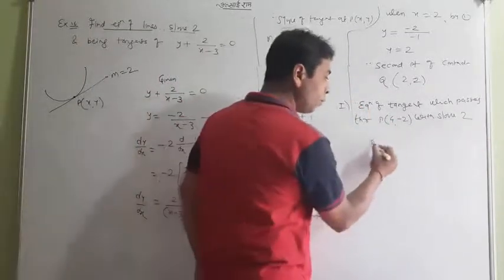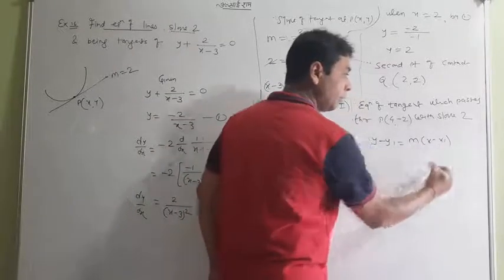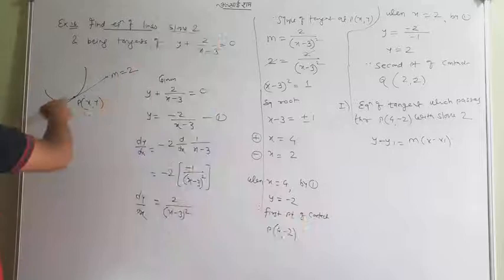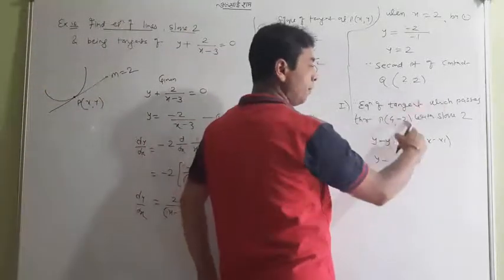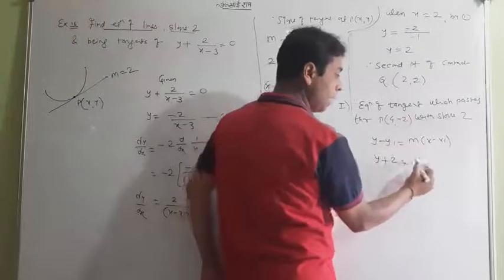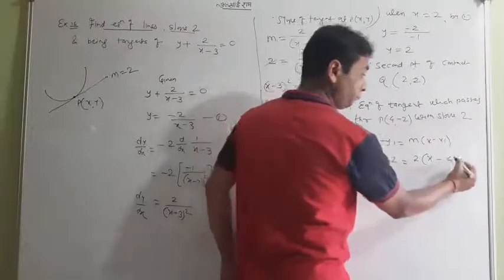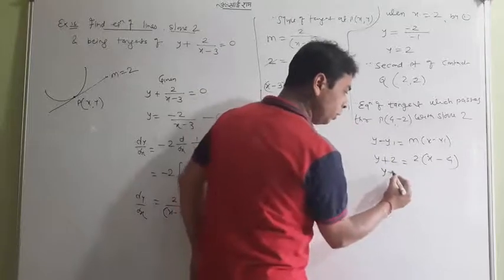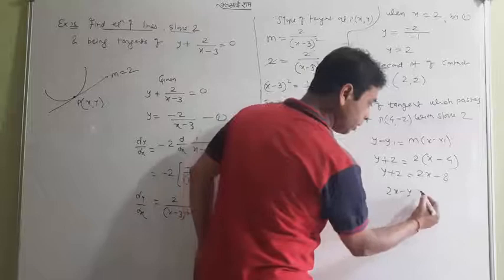What's the formula? y minus y1 equals m times (x minus x1). So y minus y1 is minus 2, meaning plus 2, m is 2, x1 is 4, and solve on your own. 2x minus 8, so 2x minus y equal to 10.